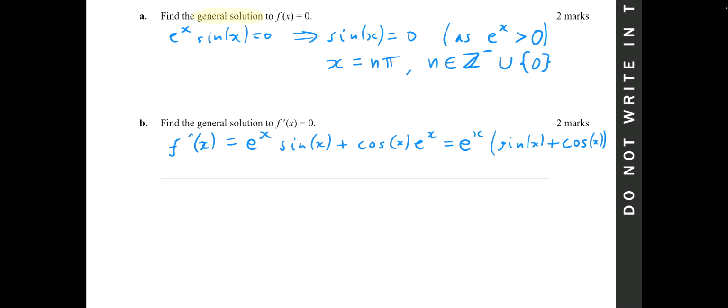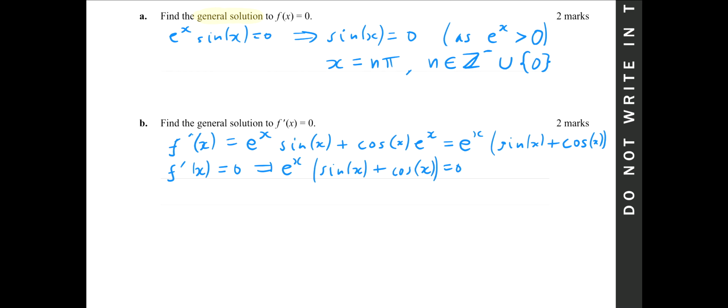There you go, that is the derivative. So now, equating that to 0, f dash x equals 0 implies that e to the x, bracket, sine x plus cos x is equal to 0.